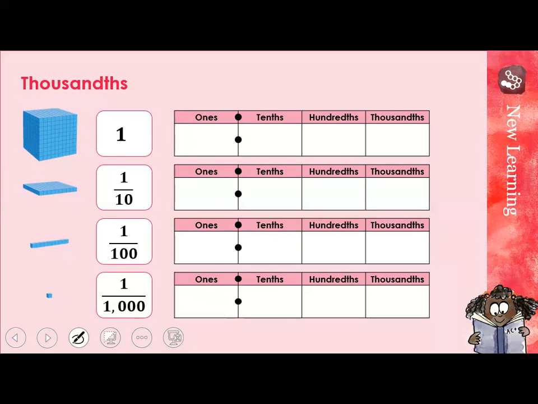And as you can see, we have now added an extra column for place value, and that place value column is our thousandths column. So I just wonder if you want to, you can pause this and have a think about what we would call those numbers: 1, 0.1.